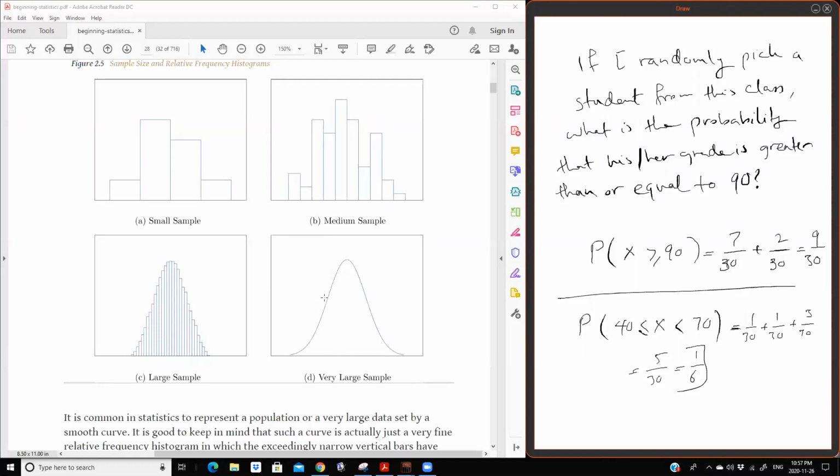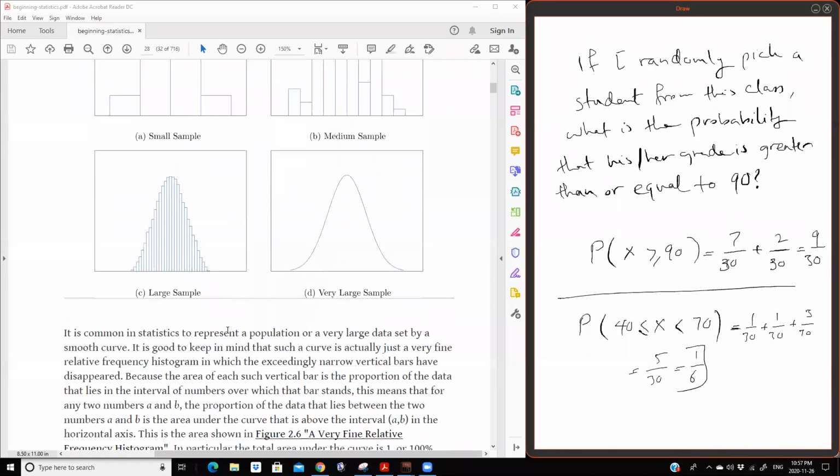And this turns out to be a very, very important distribution in statistics. It's called the normal distribution or the Gaussian distribution, which describes usually things like weight, height of people, grades, IQ of people. If you draw the histogram or the relative frequency histogram for that data, you will see that it's going to be bell-shaped like this.